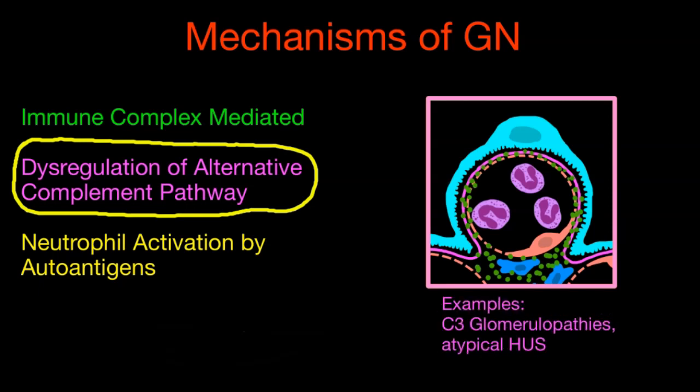So here are some examples of these diseases. There's a catch-all term called the C3 glomerulopathies that includes a disease called C3GN and also another disease called dense deposit disease.